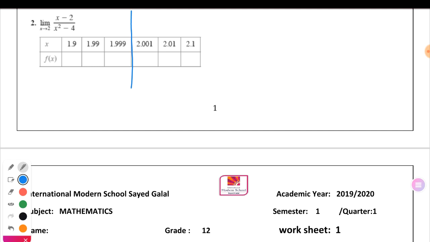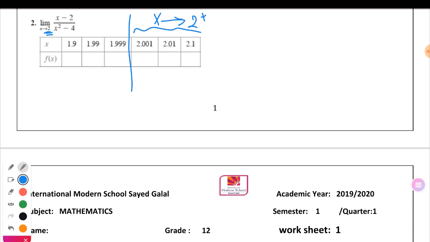The first set is the values which are greater than x equal 2. It means x approaches 2 from the right, because right means more than, greater than. I refer to the right by writing a plus above it.